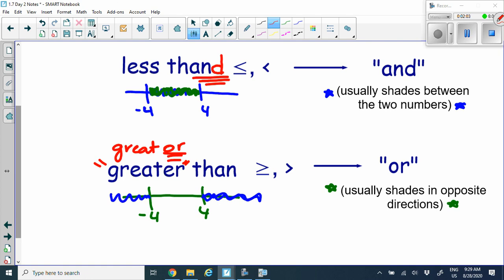So that's going to be an OR problem. This might really help to know whether this is an and or an OR problem. Less than is an and problem, so we shade in between. And greater is an OR problem, we shade in opposite directions. Okay, so let's go ahead, we're going to solve.